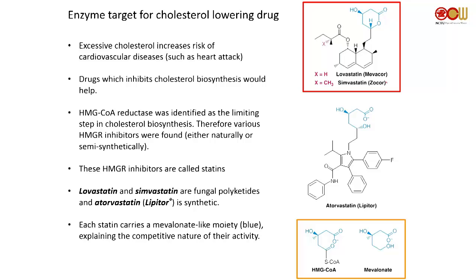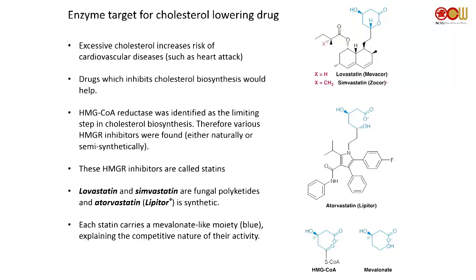And then an OH here, an OH there. So it looks like the substrate, but it's not the substrate. So if you have lovastatin or simvastatin, then you can use that to inhibit your HMG-CoA reductase. Once you inhibit the HMG-CoA reductase, then the downstream mevalonate pathway is gone. You don't make them anymore, so you can lower cholesterol.